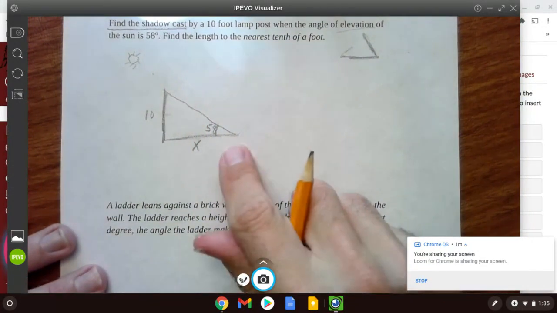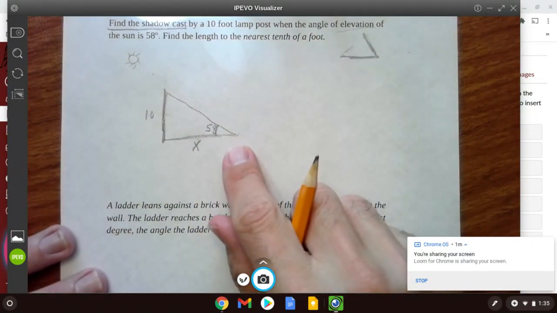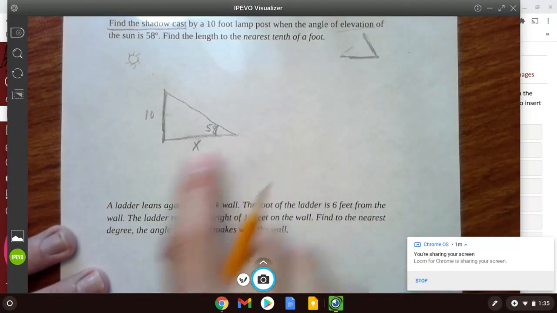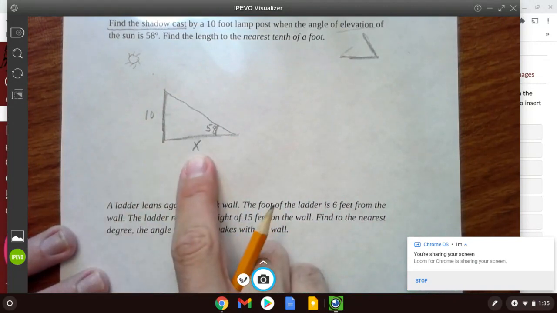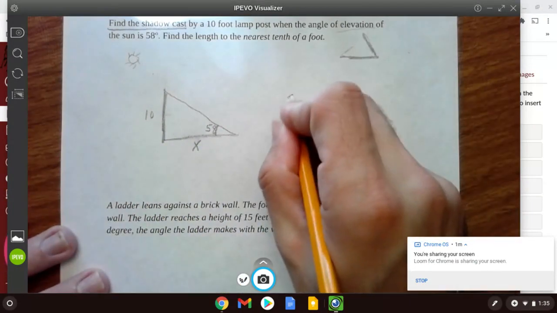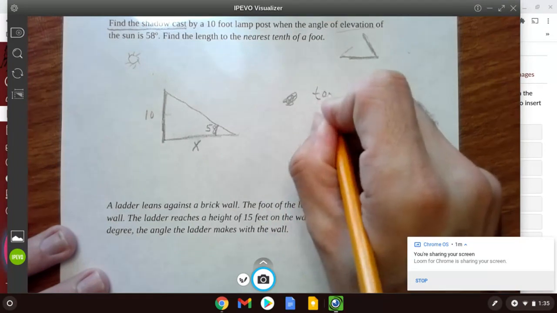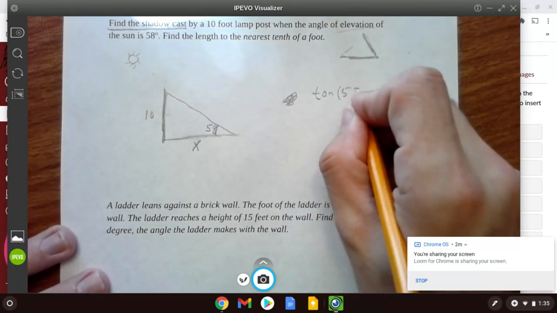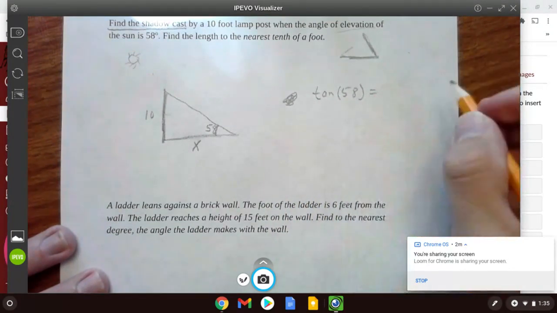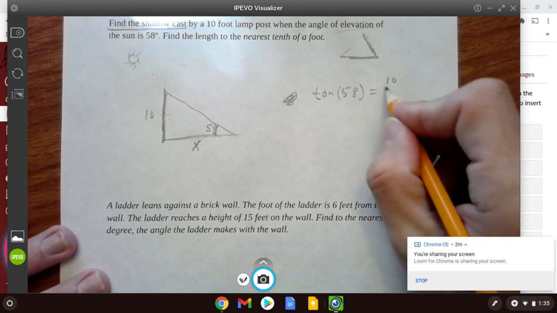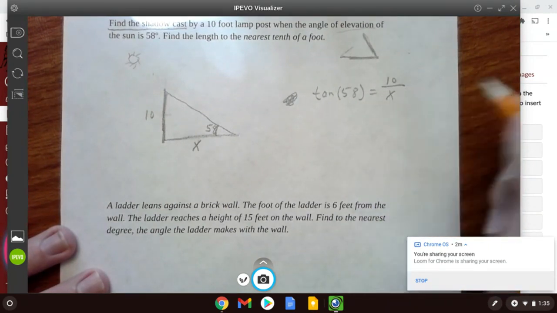Once you have the triangle drawn, it's not too bad of a solve. We've got the opposite and the adjacent sides here. So that's going to be tangent of 58 degrees, and tangent is equal to 10 over x in this case.